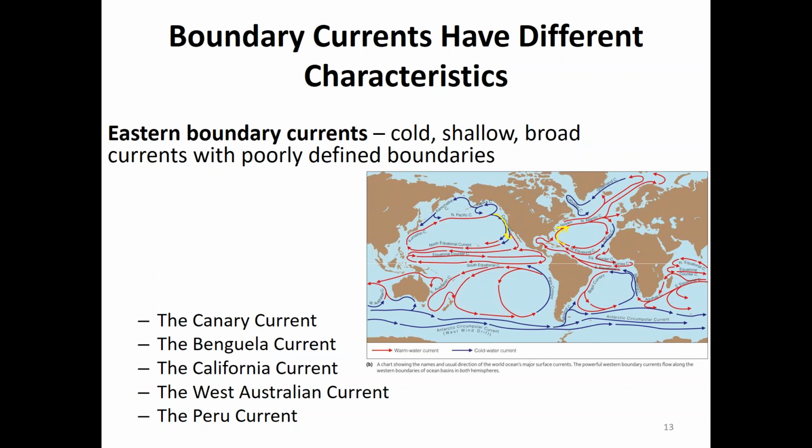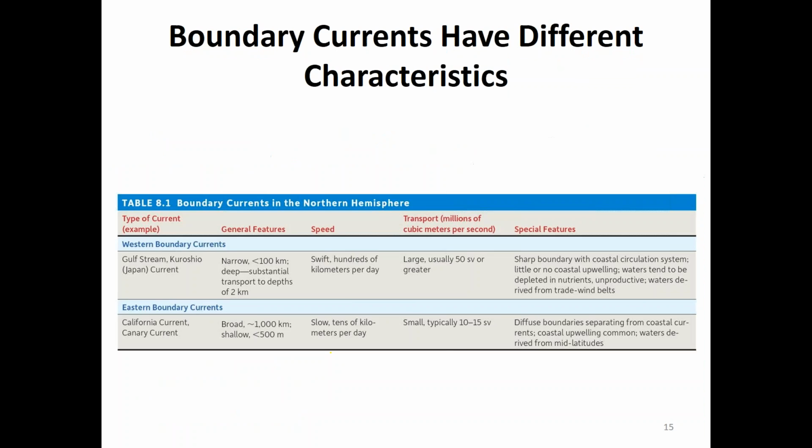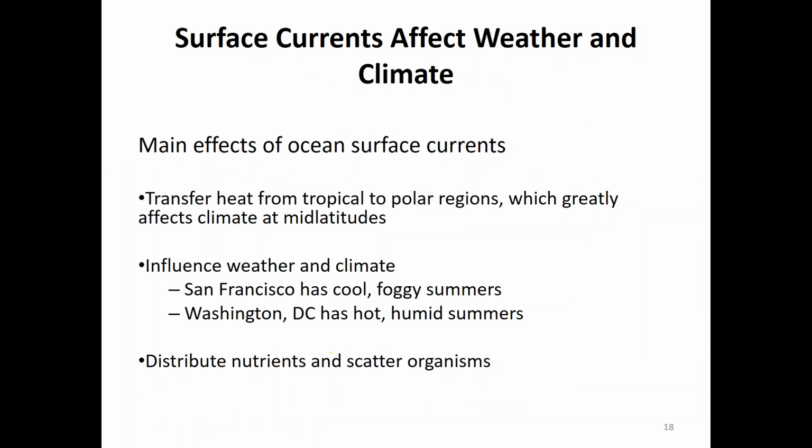That's why Washington, D.C. is more hot and humid, and San Francisco is cooler, because the water next to it is cooler, coming down the eastern boundary current, or this is warm water coming up in a western boundary current offshore DC.